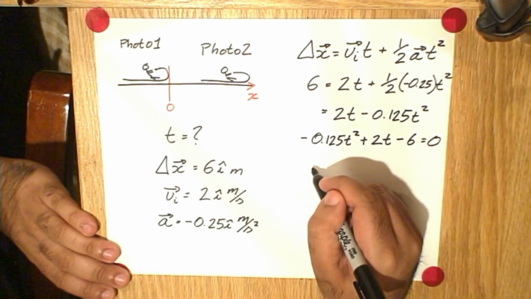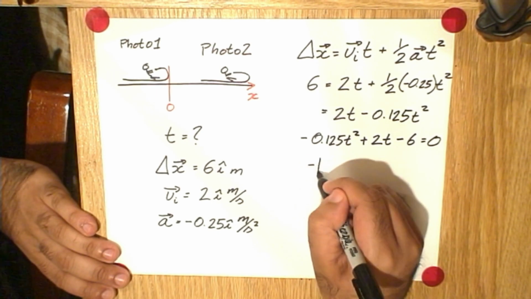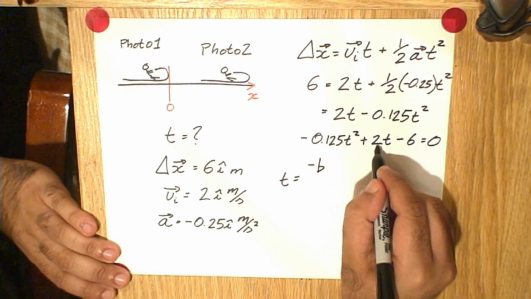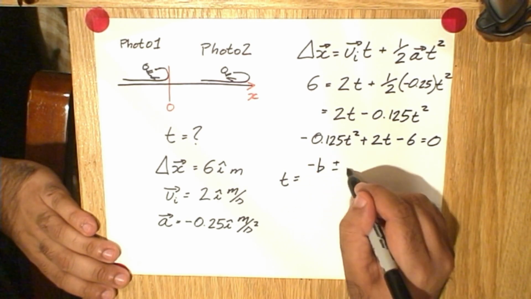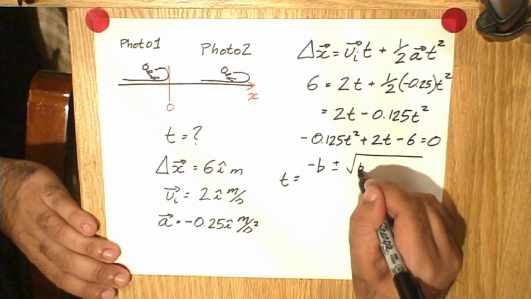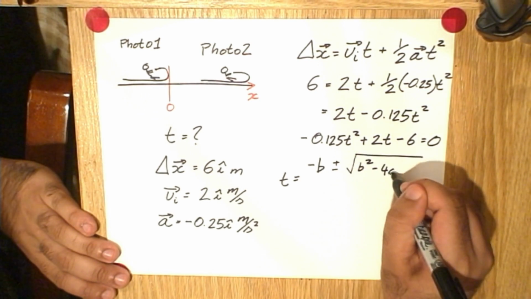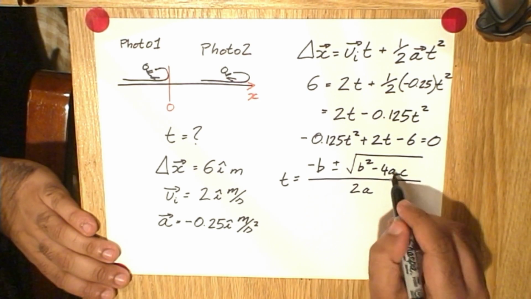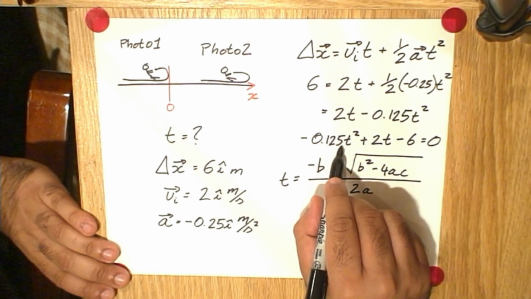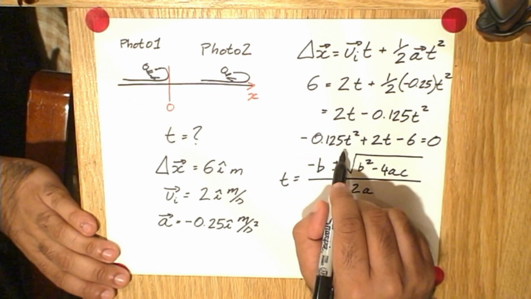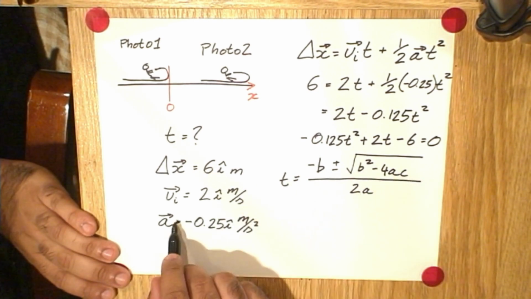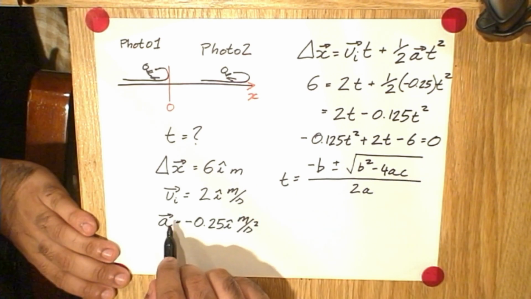The quadratic formula says the time will be equal to negative b plus or minus square root of b squared minus 4ac, all over 2a. Notice that when I write a over here to reference the coefficient of the t squared term, I'm writing it without a vector symbol, so we don't get it confused with a meaning acceleration.